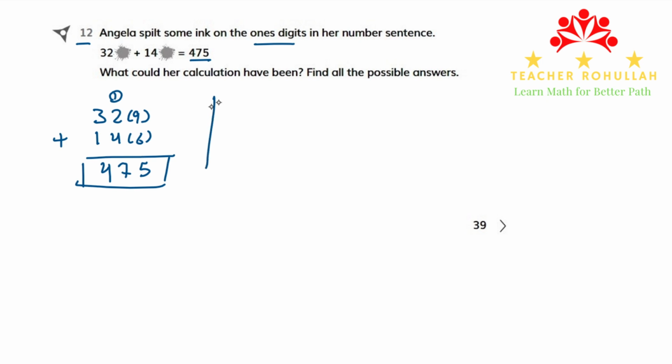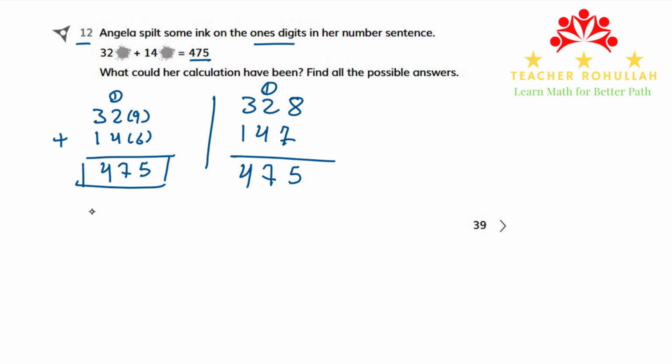And the other possible answer that we can find is 328 plus 147. 8 plus 7 is 15. I write 5 here and 1 above the tens place. 2 plus 4 is 6, and 6 plus 1 is 7. And 3 plus 1 is 4. 475.